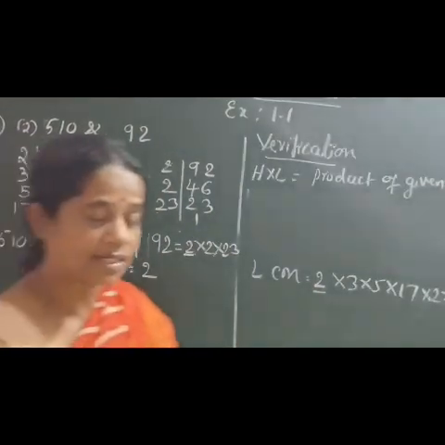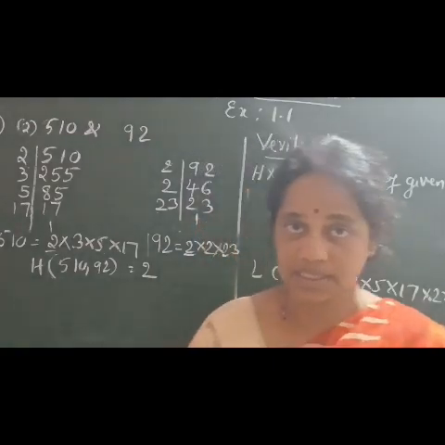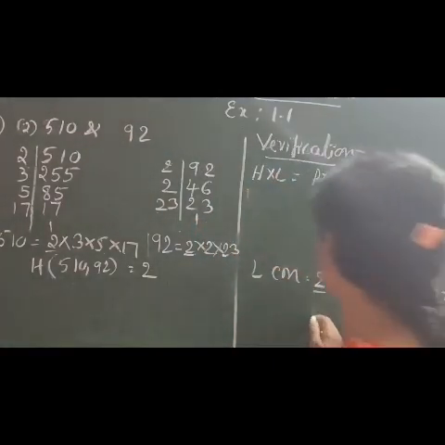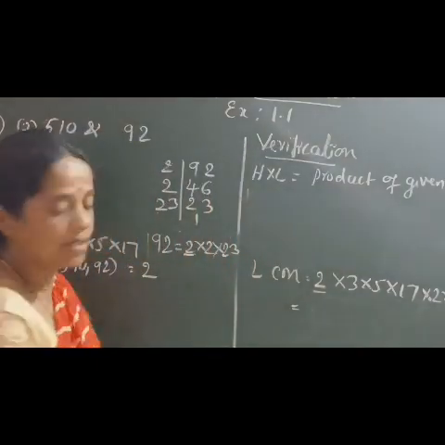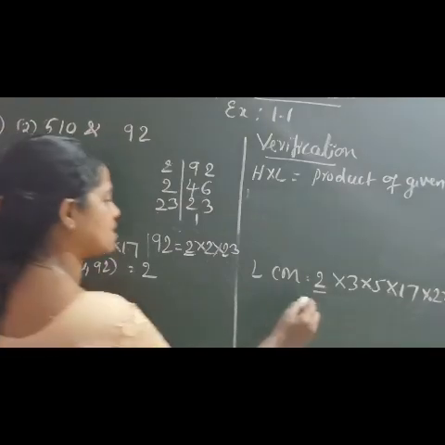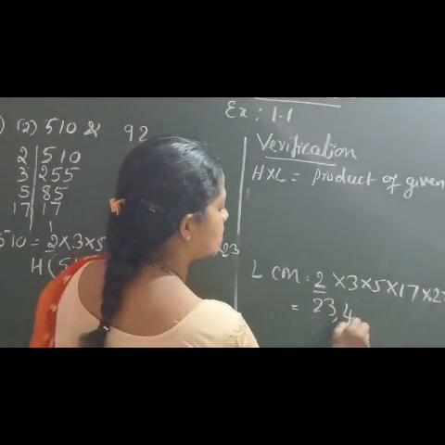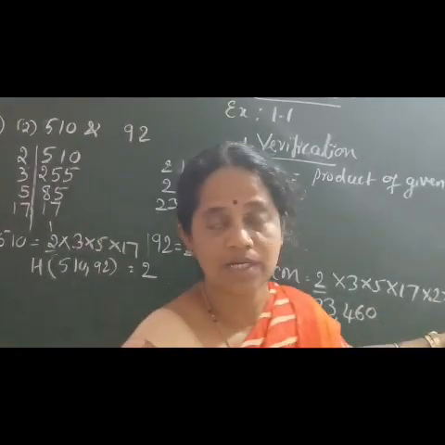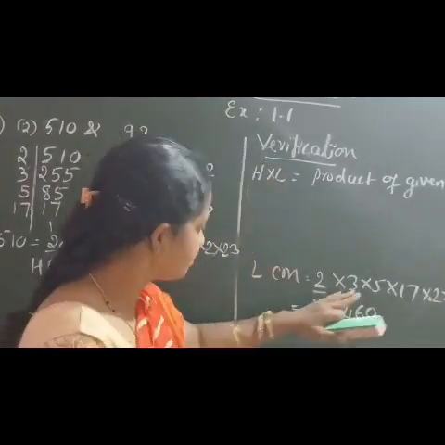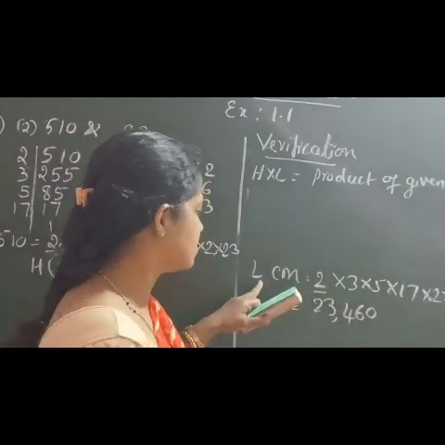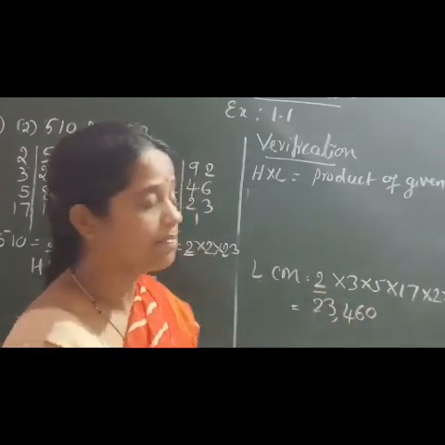So whenever you are writing LCM, write the common factors first. It will be easy. Okay. Then calculate here. So we are getting the answer 23,460. If I do the multiplication, the video will be lengthy, so you can check the answer using the usual multiplication method.